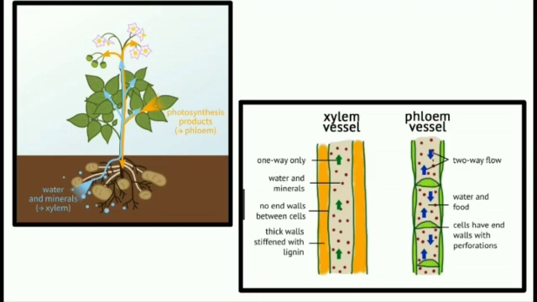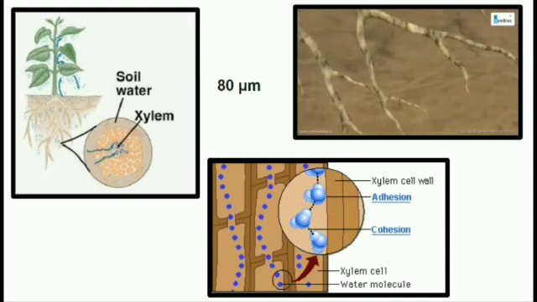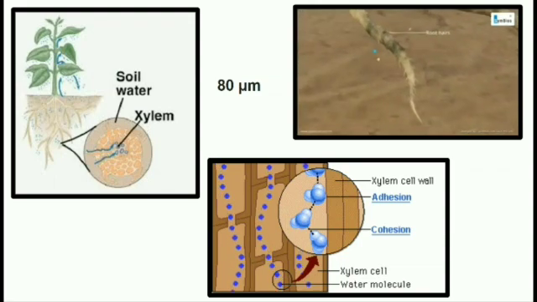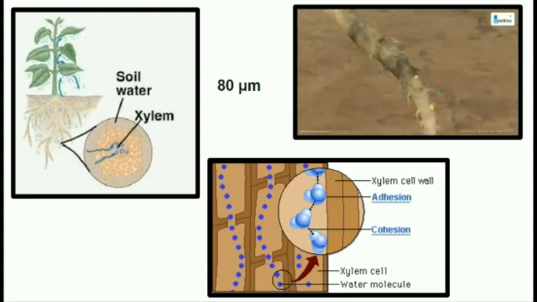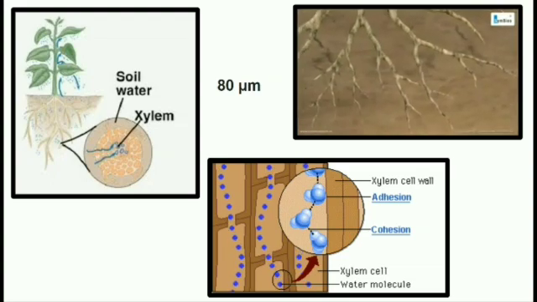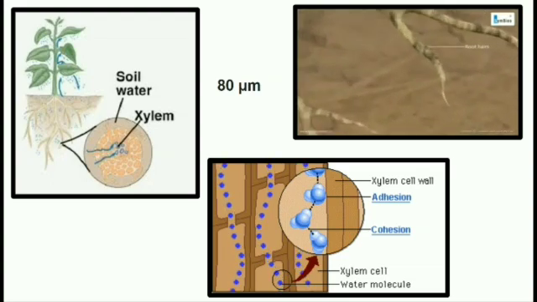Xylem carries water and minerals from the roots to the leaves, whereas phloem carries the food prepared by the leaves to different parts of the plant. The size of a xylem vessel is 80 micrometer. Water molecules from root hairs are transported all over the plant through this vascular tissue, xylem.